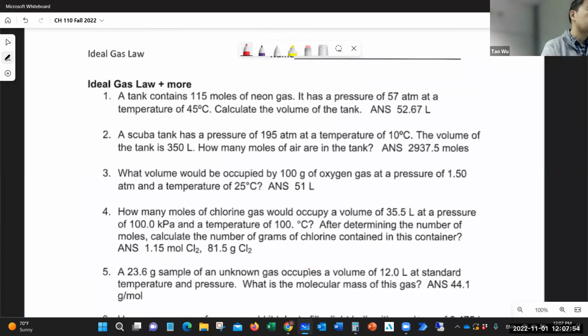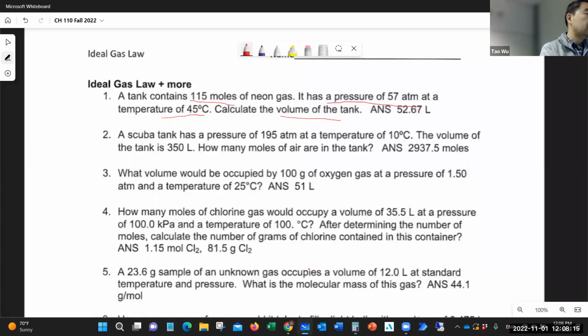So the ideal gas law is talking about, for the first one, a tank containing 115 moles of neon gas. It has a pressure, and they show the temperature. They're asking for the volume, right?